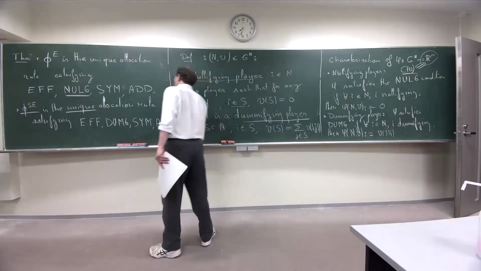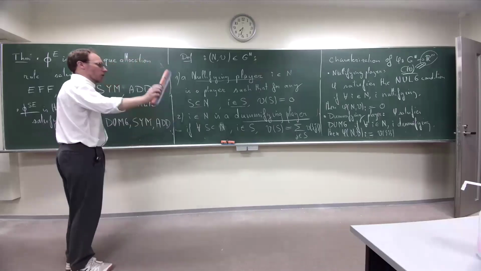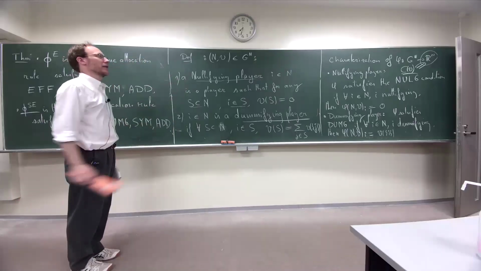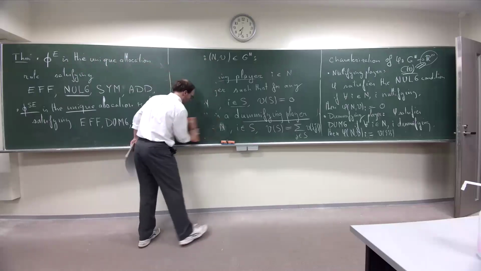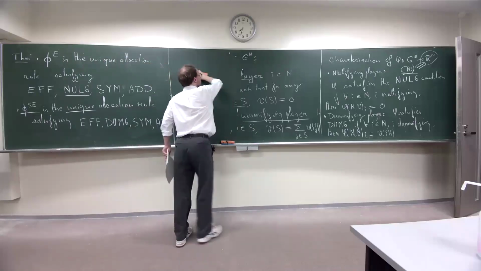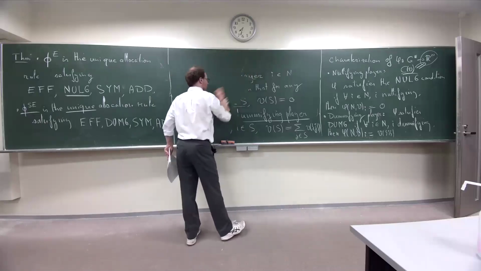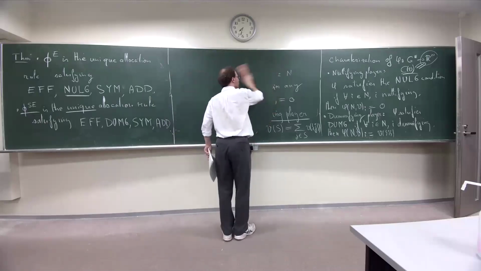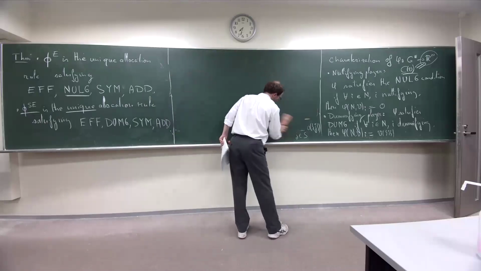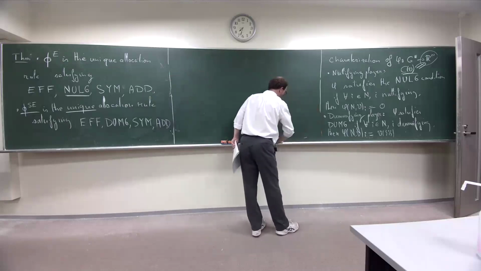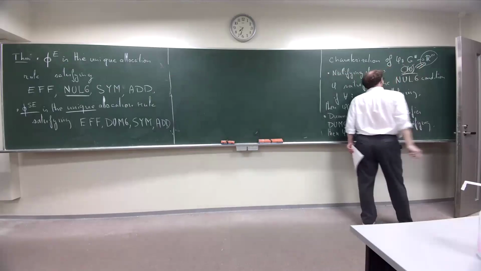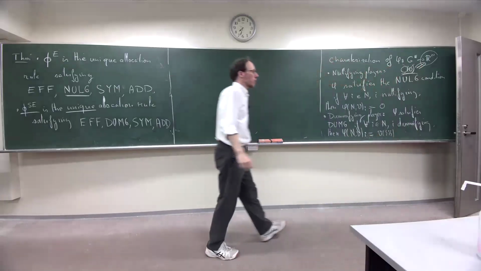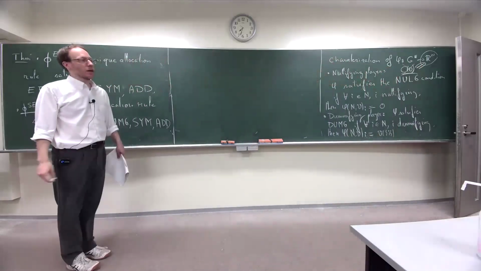So I want to introduce one more allocation rule, which has an image inside the core. And please be aware that the core sometimes doesn't exist, so the question is not well posed in general.